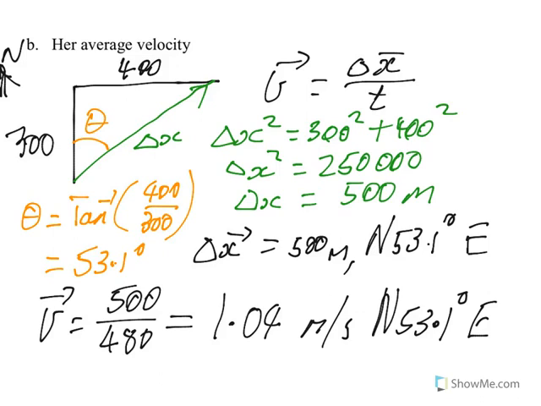It's the same direction as the displacement. As you can see by looking at those two, the answers are a little bit different, and that's because there's a difference between the distance travelled and the displacement.